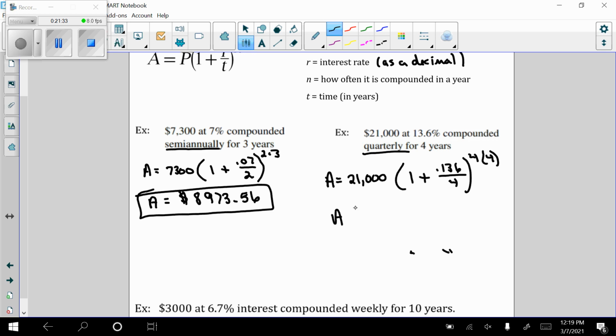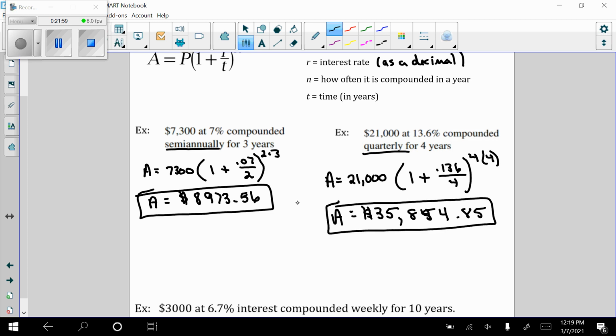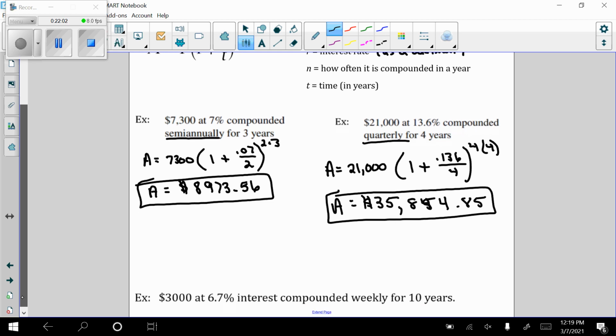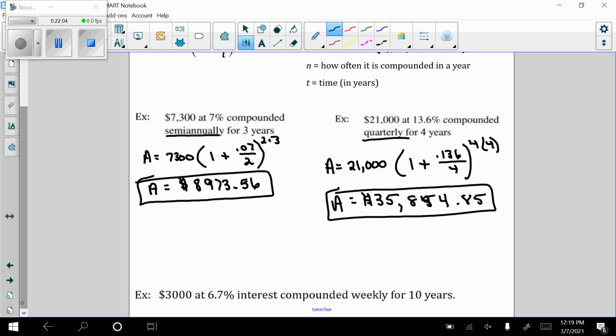So if you take that, put it all in at one time. Don't try to do pieces. That's why you have the fancy calculators. So $35,854 and 85 cents. So that 13% really helps you out. After 4 years, you earned about almost $15,000 interest. Kind of unheard of.